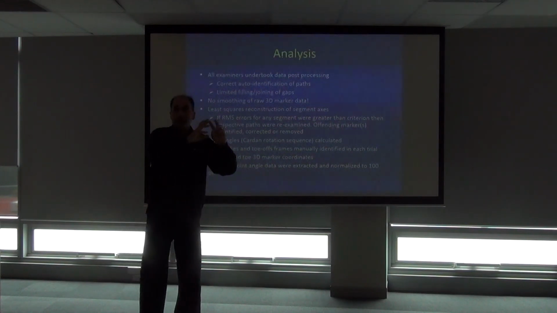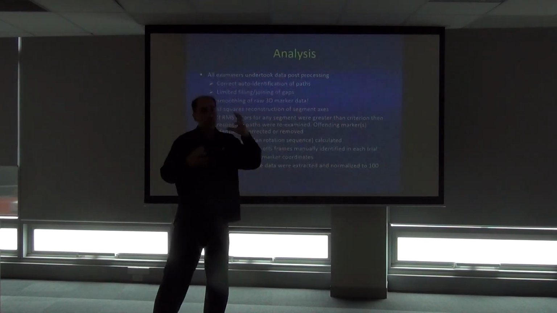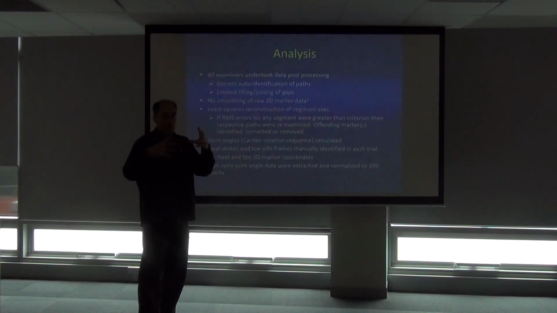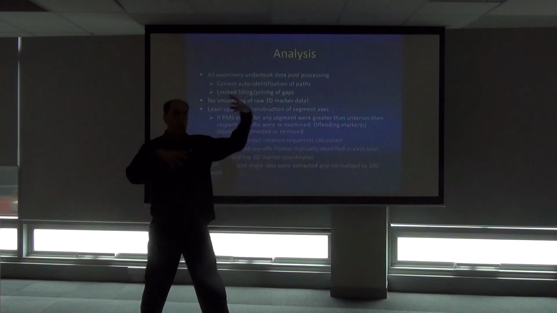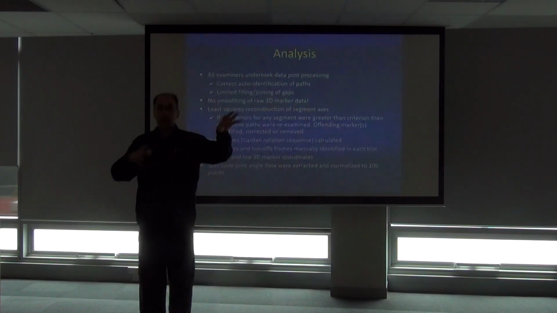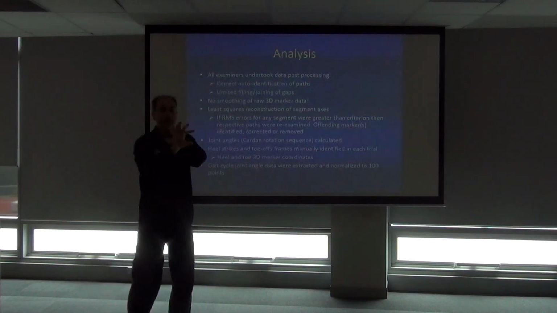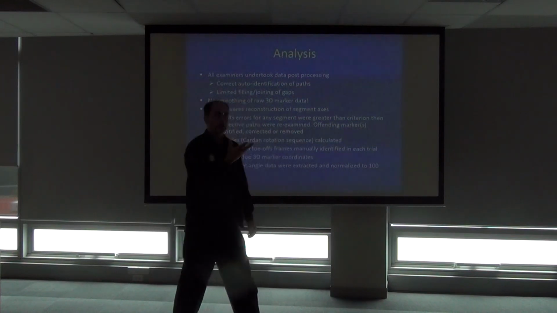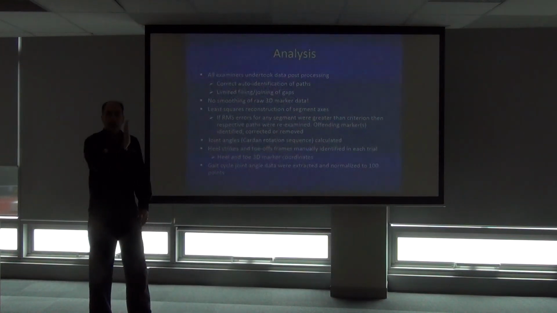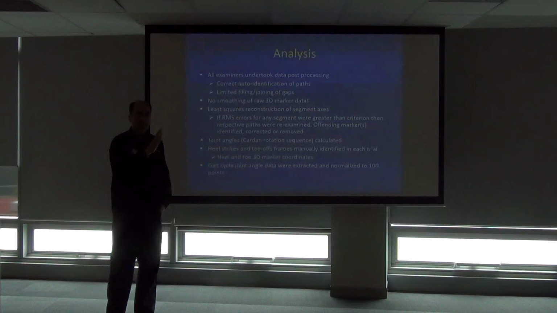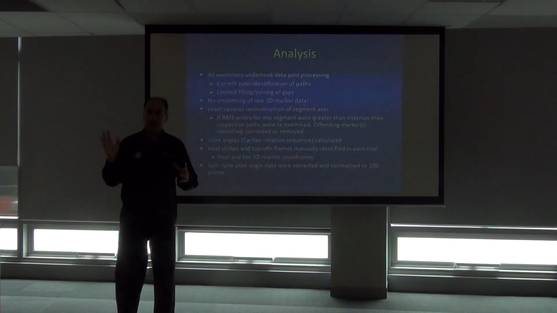For every frame, the RMS error is calculated between the local coordinates in your static pose and the global coordinates in your movement trial. So it's the least squares fit from one onto the other, and you're working out the RMS error of that. That was screened for all reconstructed segments across all trials.